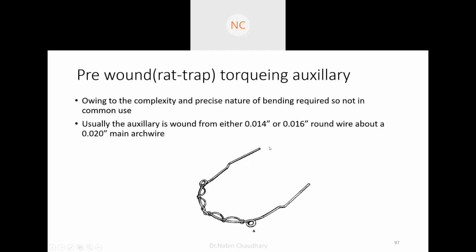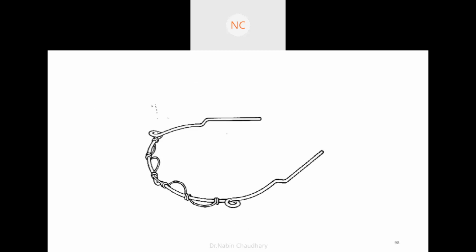It is generally fabricated with 0.014 or 0.016 inch round wire, and it is generally placed in the 0.020 base as well. When the lingual torquing of the central incisor and the labial torquing of the lateral incisor are required, this torquing auxiliary is modified accordingly.